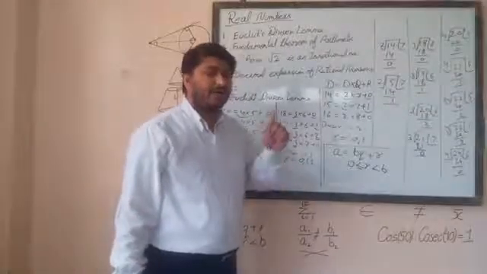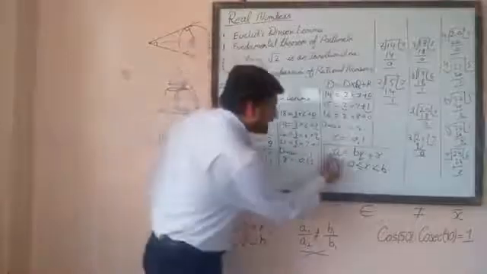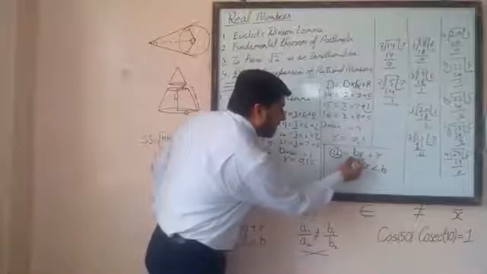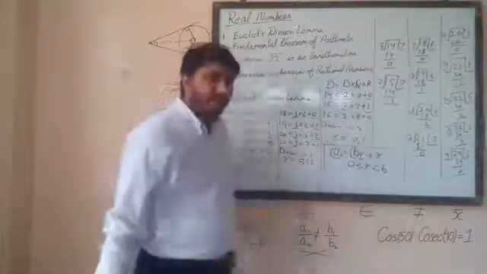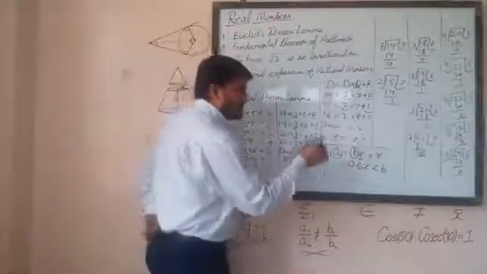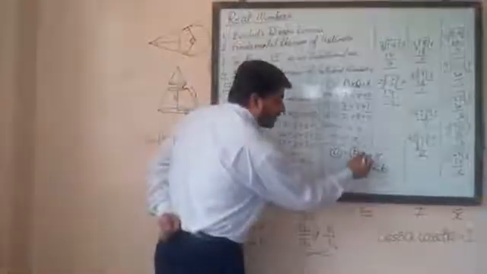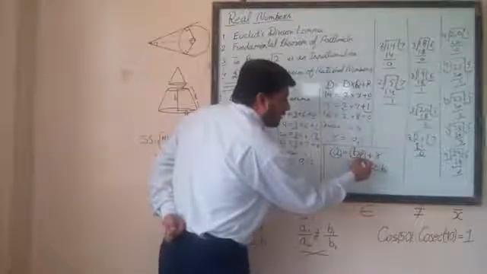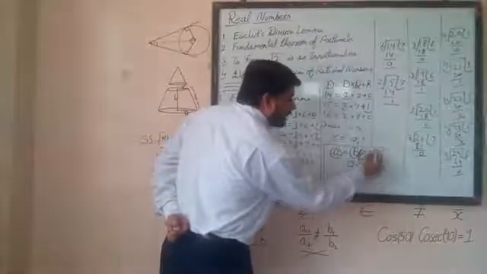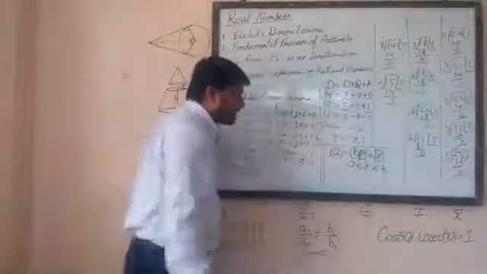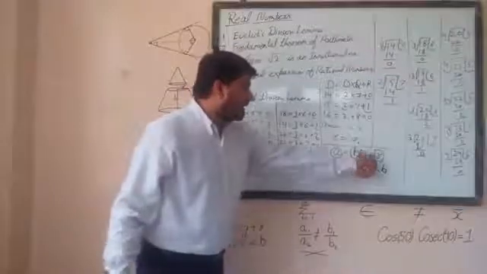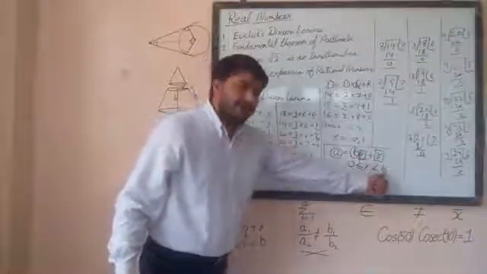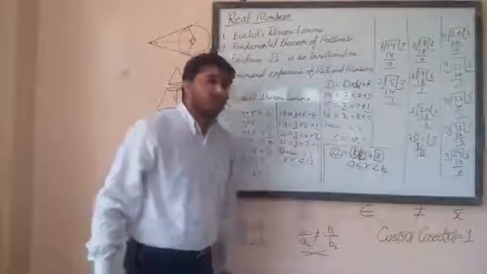It states that given two positive integers a and b, there exist unique integers q and r satisfying this condition a equals bq plus r such that r is less than b but greater than or equal to 0.